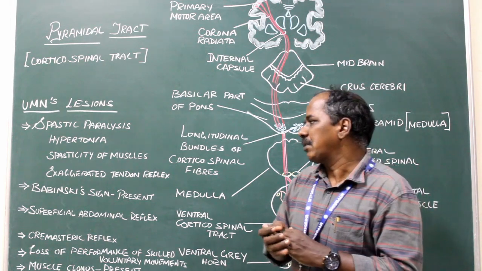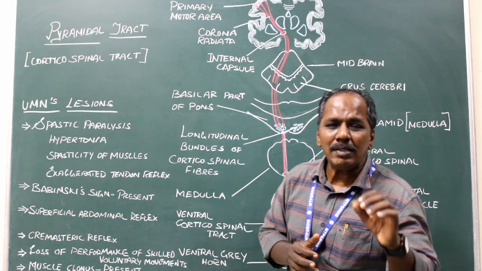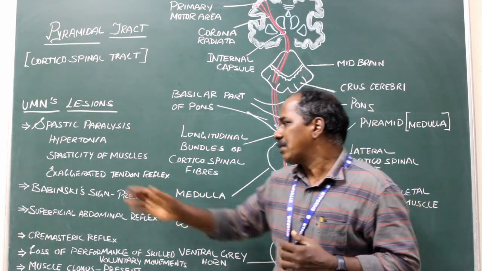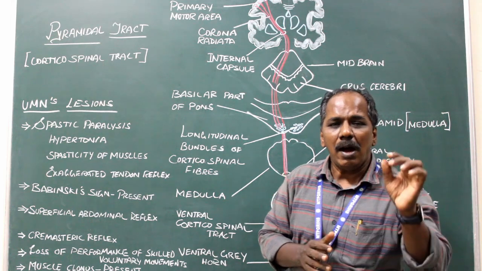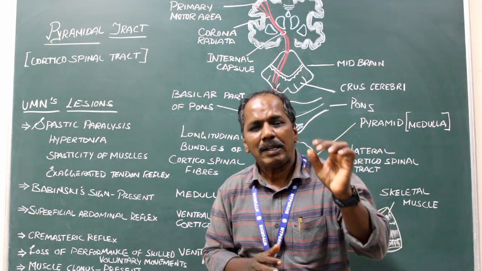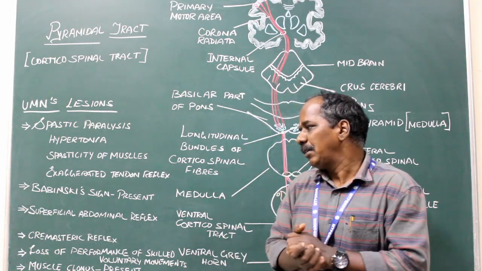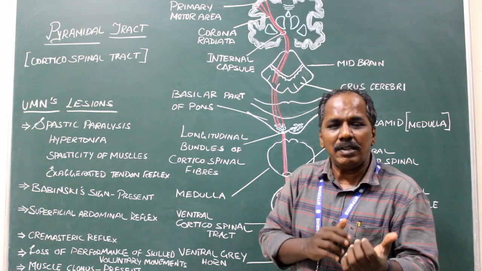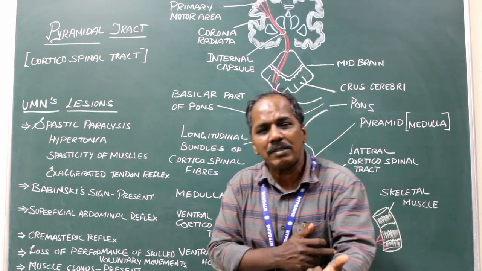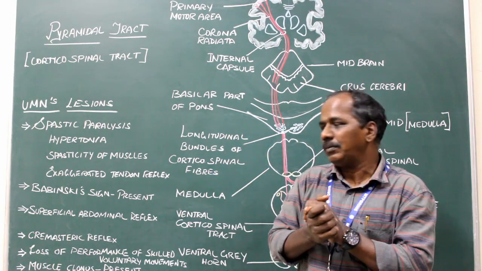So this causes hypertonia, that is increased muscle tone, spasticity of the muscles, that is abnormal muscle tightness due to prolonged muscle contraction, and exaggerated tendon reflexes, that is, the biceps tendon reflex and knee reflex are exaggerated.